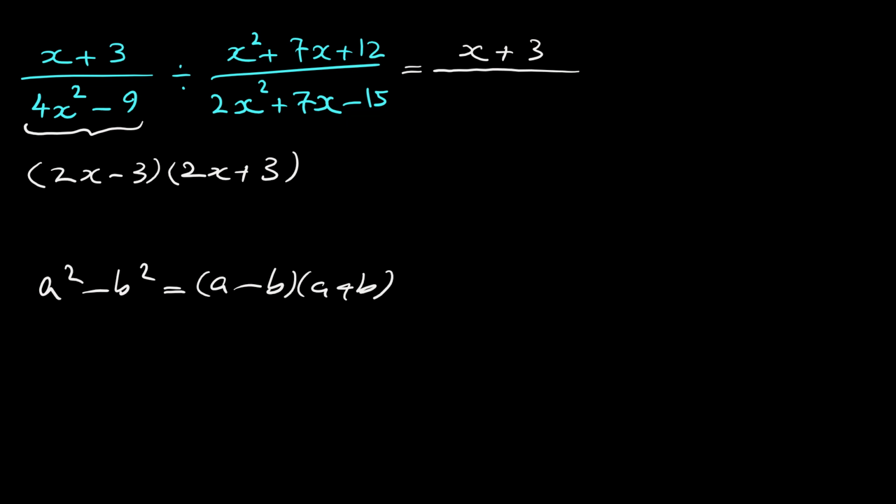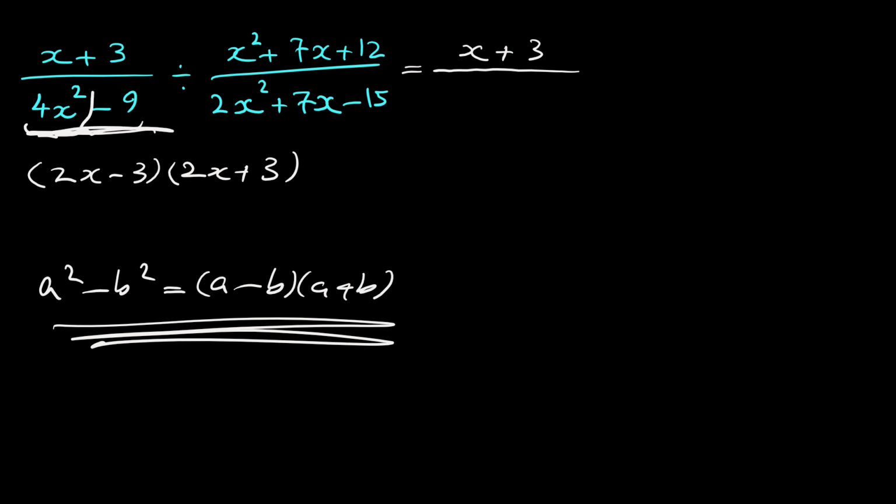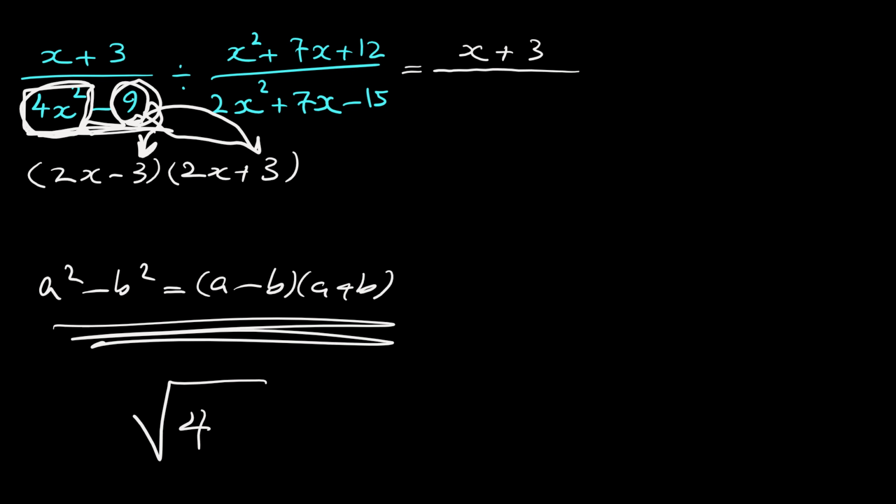Attention, how we use this identity for factoring this. This is like a to the 2 and this is like b to the 2. From 9, we take the square root of 9. The square root of 9 is 3, and we put 3 and -3 in these brackets. What is the square root of 4x to the 2? The square root of 4x to the 2 is 2x, because the square root of 4 is 2, the square root of x to the 2 is x.